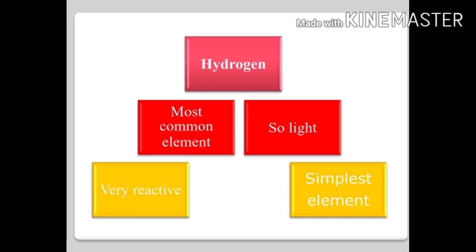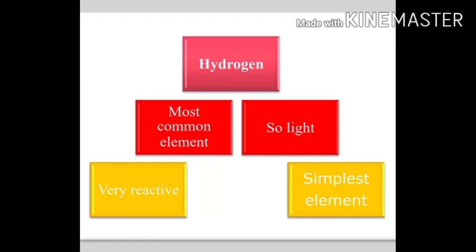Next property is that hydrogen is so light. So it is extremely rare to find on its own in nature on Earth, but it is very common to find in outer space. Since hydrogen is so light, free hydrogen can easily escape the atmosphere. But hydrogen is also very reactive, so if it does not escape the atmosphere, it will react with other compounds and can no longer be found free.